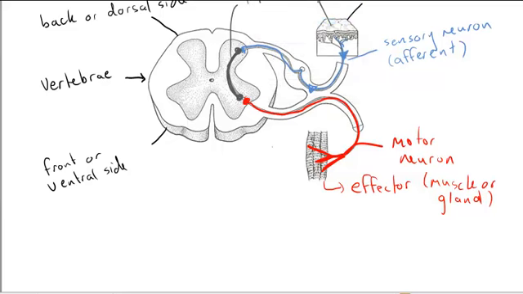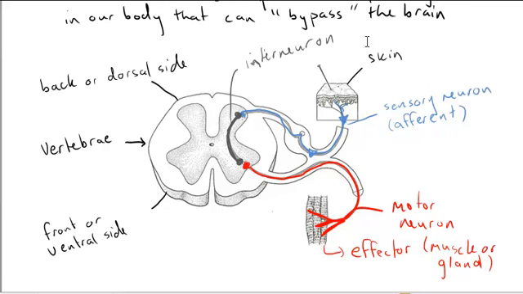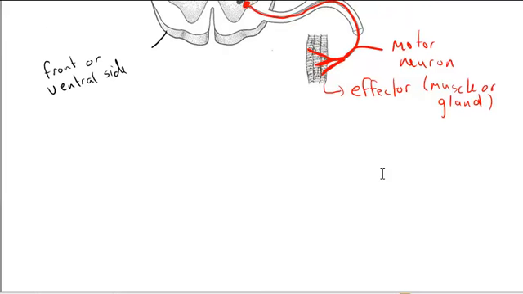So a reflex arc is the simplest and fastest pathway between a sensory neuron and a motor neuron initiating a response. It has 5 parts that we just described. Any reflex typically has 5 parts. There are some exceptions.